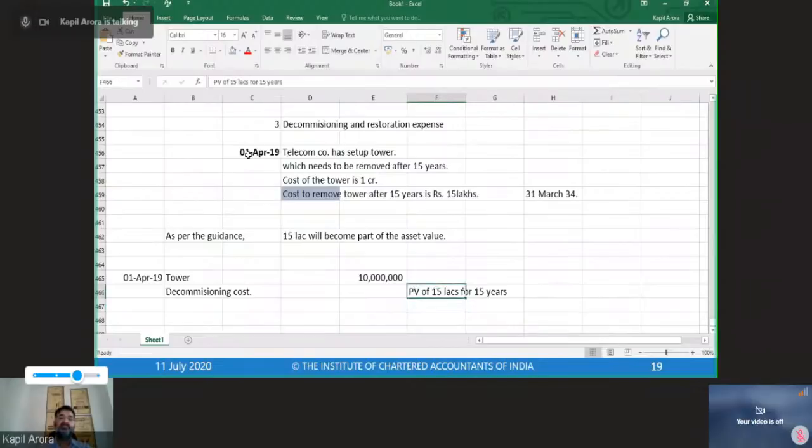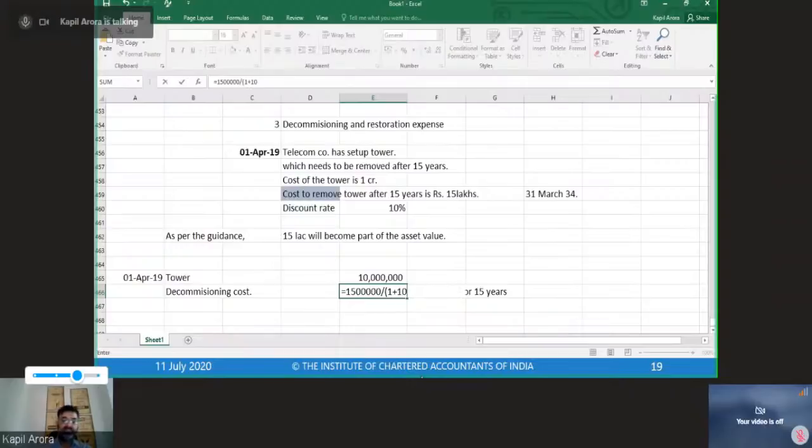Whatever the present value of 15 lakhs for 15 years would be, that will be added. Let's assume the interest rate or discount rate is 10%. So the present value would be 15 lakh upon 1 plus R, where R is the rate of interest, 10%.